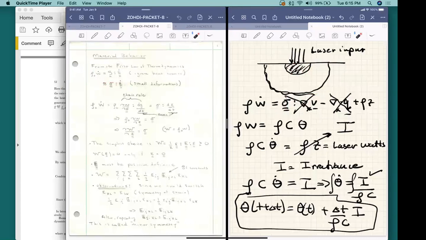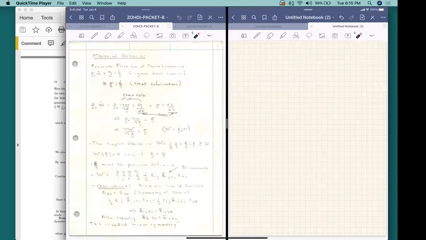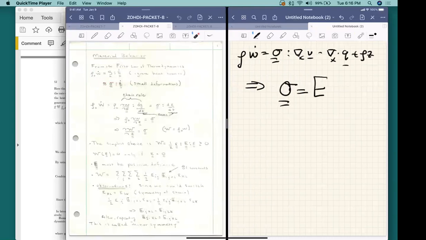Now, that important piece of information, we're going to be able to use this equation, rho W dot equals sigma inner product with the gradient of V minus the divergence of Q plus rho Z. Incredibly, that is going to give us stress equals elasticity multiplied by strain, Hooke's law.